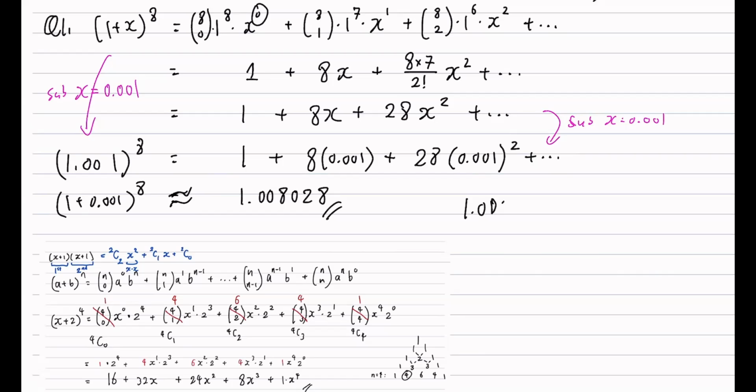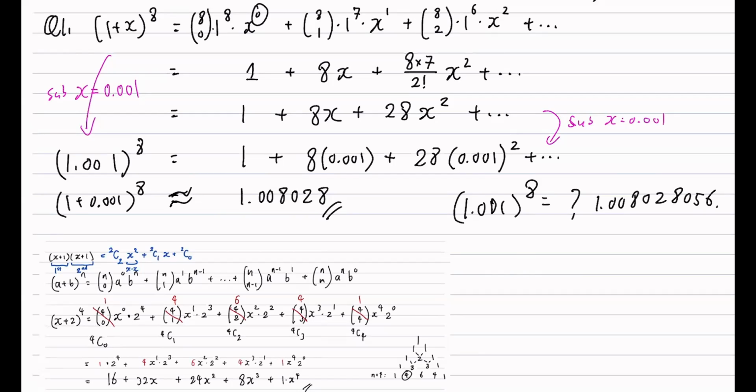What is 1.001 to the power of 8? 1.008. Yes, it's close. So you learn a new technique. You learn how ancient people expanded numbers without a calculator using binomial expansion.